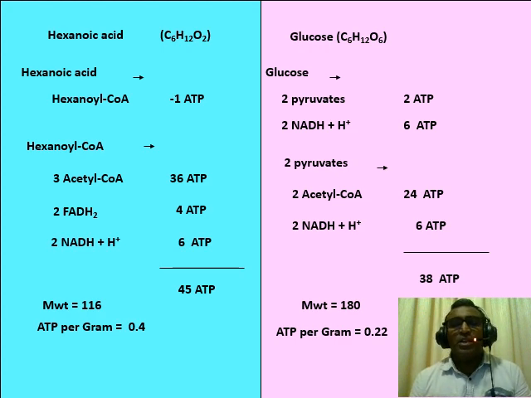The reason behind it is that glucose has more oxygen, while hexanoic acid is in a much more reduced form than glucose, therefore giving more chances for the oxidation of hexanoic acid to yield more energy.